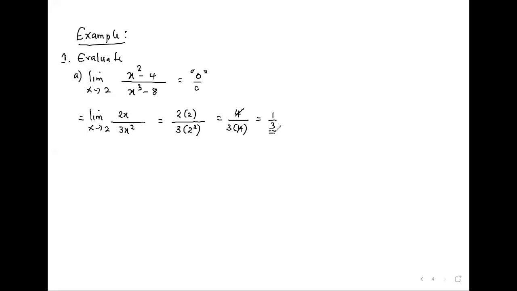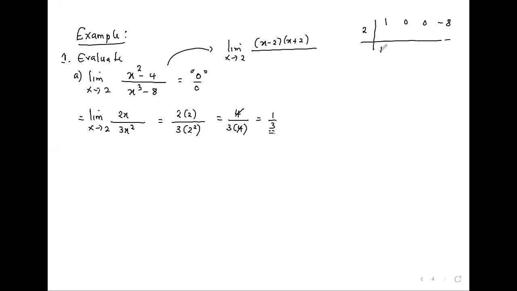This is the shortcut, as compared to the limit as x goes to 2 where you factorize: you get x minus 2 times x plus 2. For the denominator, because it's a polynomial, you use synthetic division. So you have 1, 0, 0, minus 8.